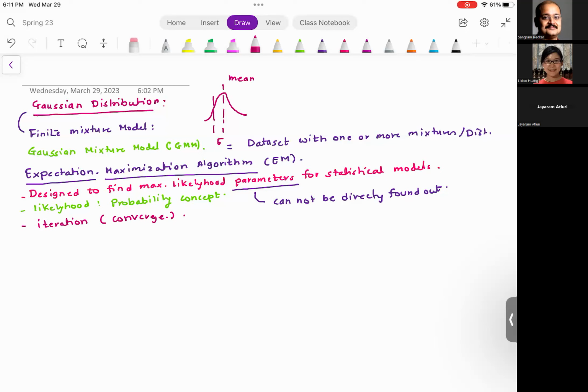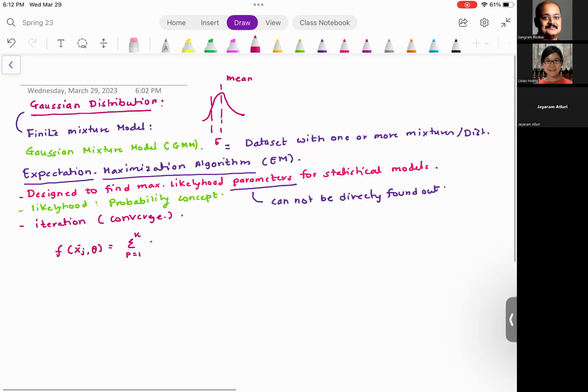So we start with a probability density function. Xj stands for the random variable distribution, and it is a weighted sum over p equal to 1 to K of alpha p, f p of x j, theta p.